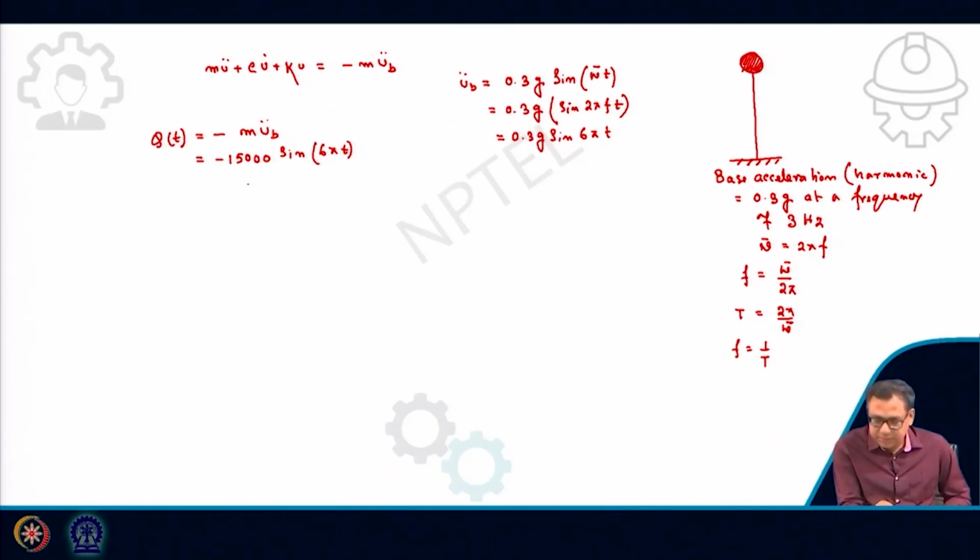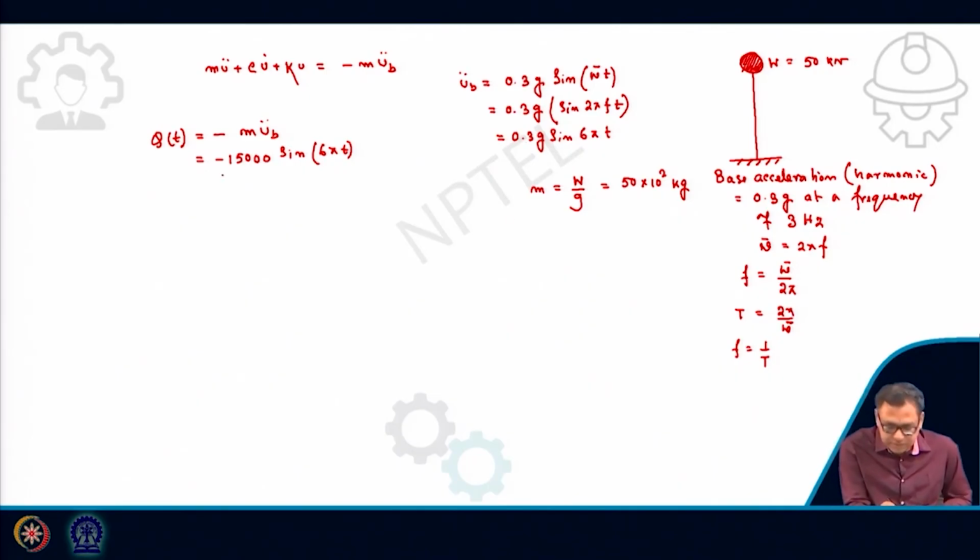Because here this M is how much? M is given by W by g, and W was given as 50 kilonewton, and M we got as 50 into 10 to the power 2 kg. Now 50 into 10 to the power 2 kg, that is the M, into 0.3 into g.